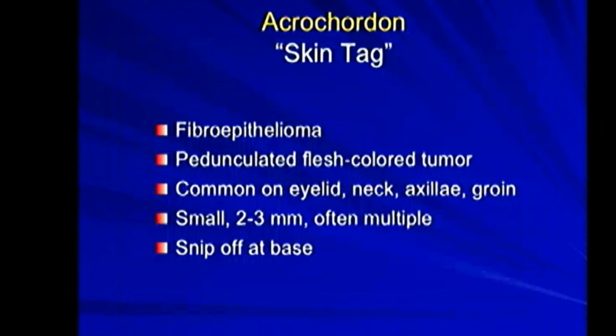Seborrheic keratosis is another common benign lesion that we see. In the earlier stage it is usually small, but sometimes it can get bigger and thicker with time. The nice thing about seborrheic keratosis is that it's easy to recognize because of its buttoned look and the multiple places where you can see it.